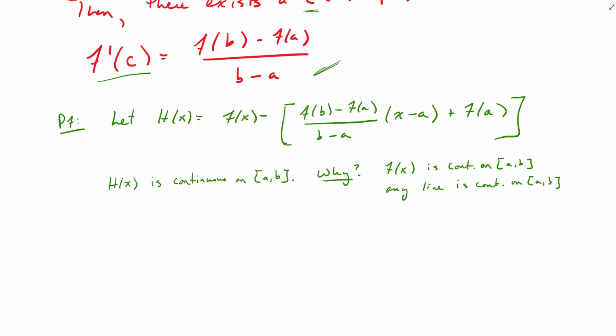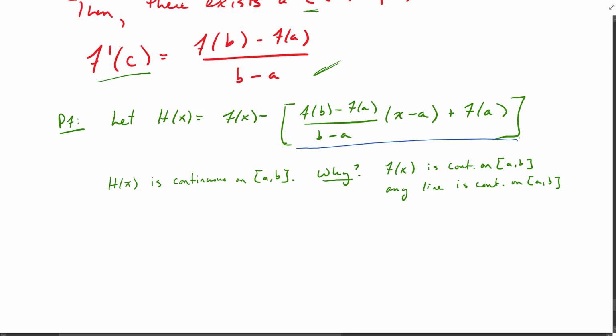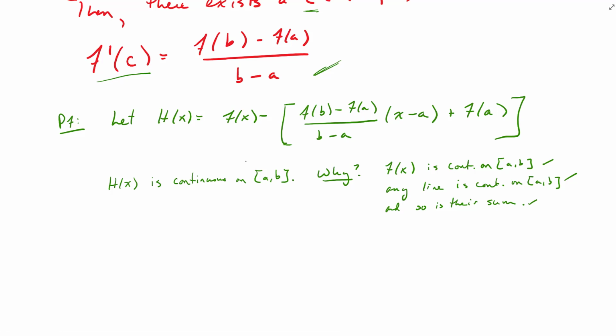The left-hand part of this function is just a line, and so is their sum. That is, if this is a continuous function and this is a continuous function, if I add the two together, or in this case subtract one from the other, their combination is also a continuous function.